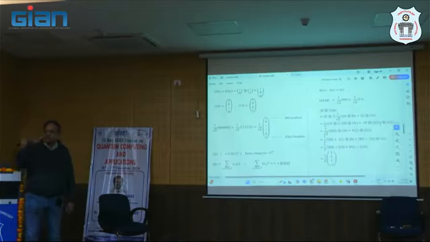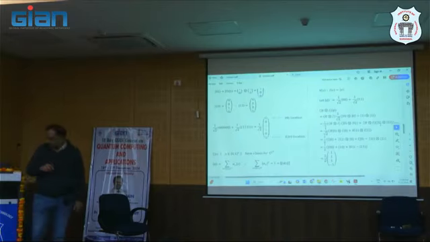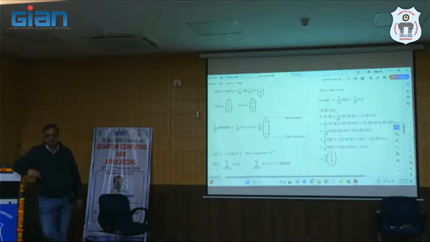So we are working in a 2 to the n dimensional vector space. An n-qubit system is a vector in a 2 to the n dimensional vector space, not in an n dimensional vector space. Like a 1-qubit system was in a 2 dimensional vector space, a 2-qubit system was in a 4 dimensional vector space.